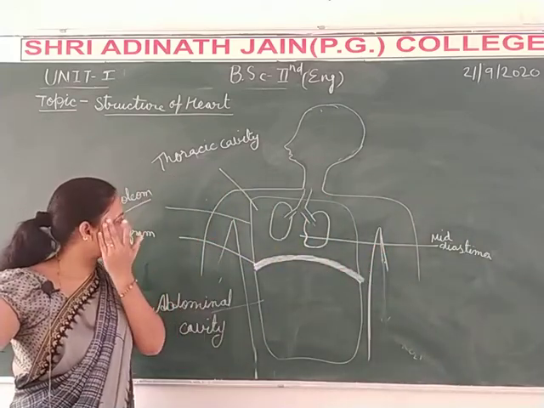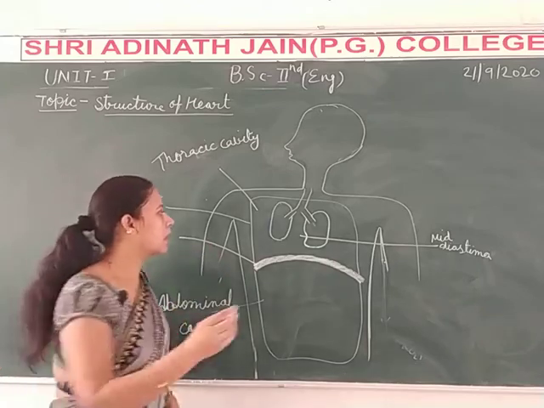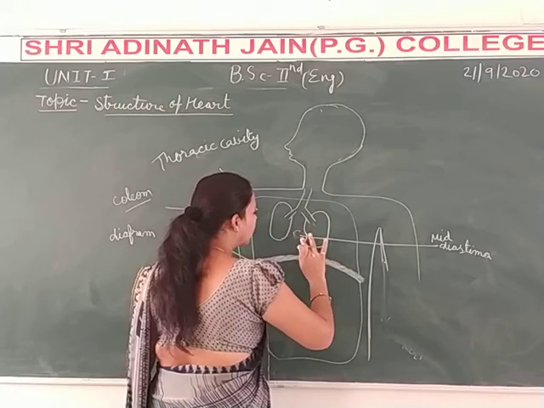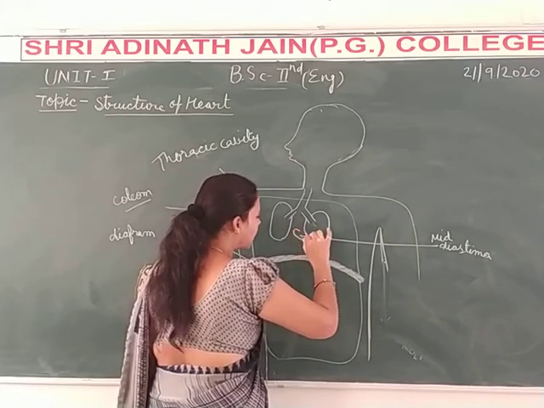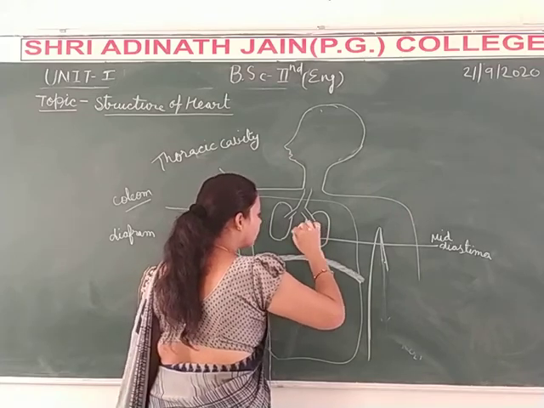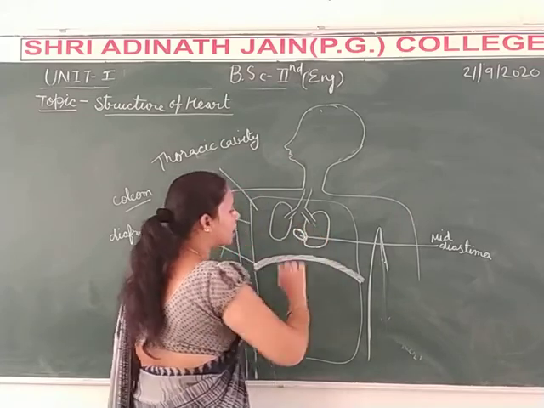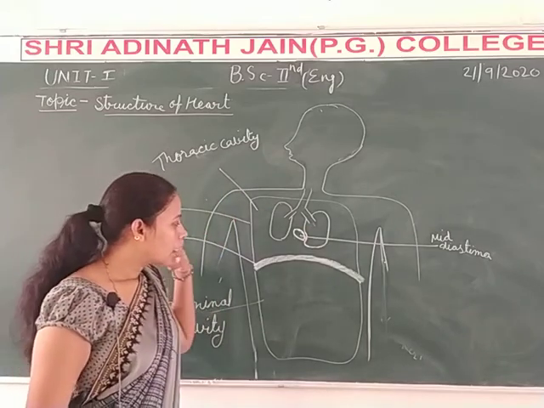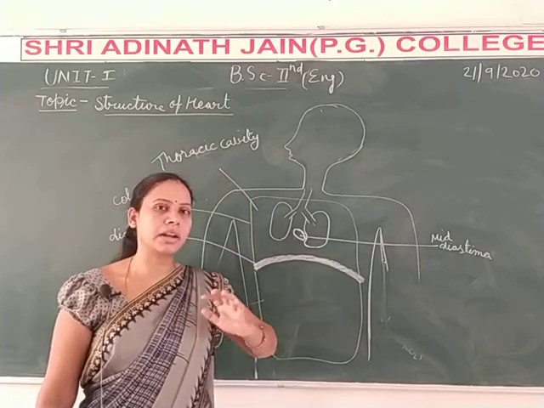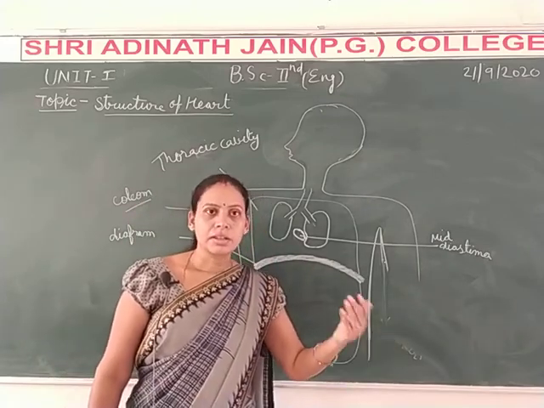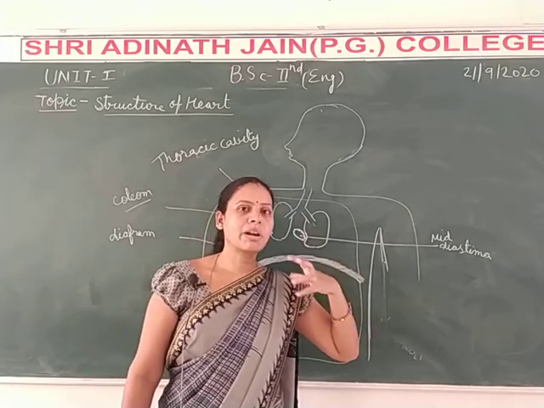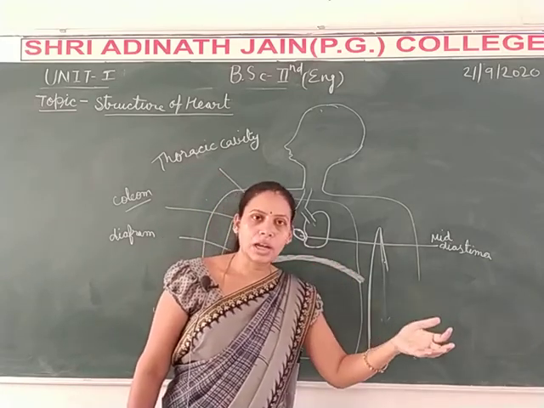This is the mid-diastema area where the heart is found, and in this area two-third part of the heart is tilted to the left side. ठीक है, कि जो उसका 2/3 पार्ट होता है वो डाउन पोजीशन में टिल्ट है, टू द लेफ्ट एरिया.